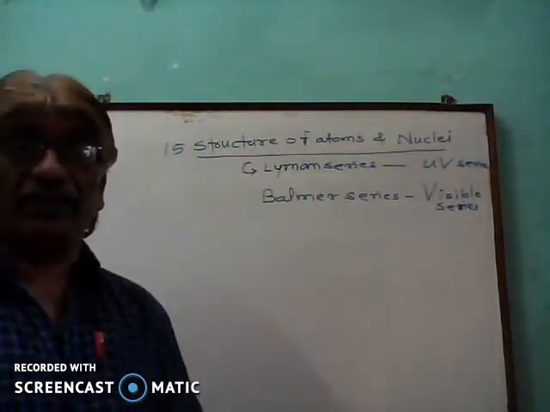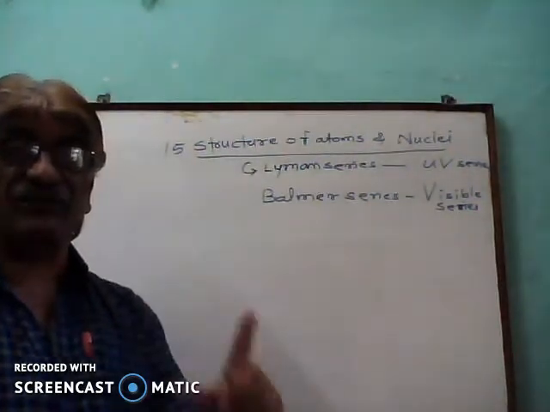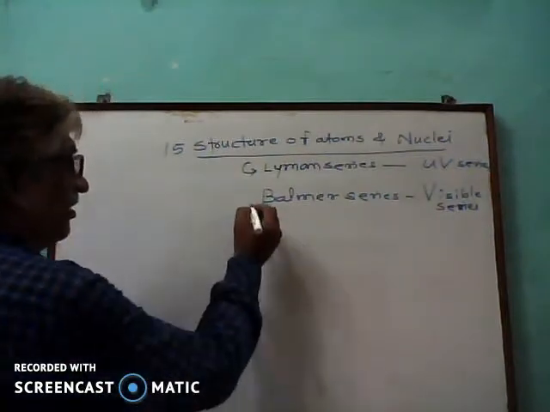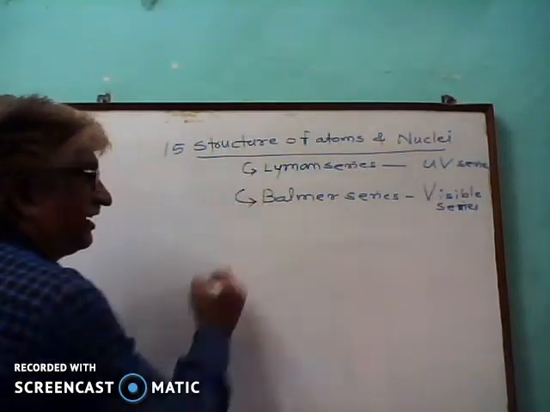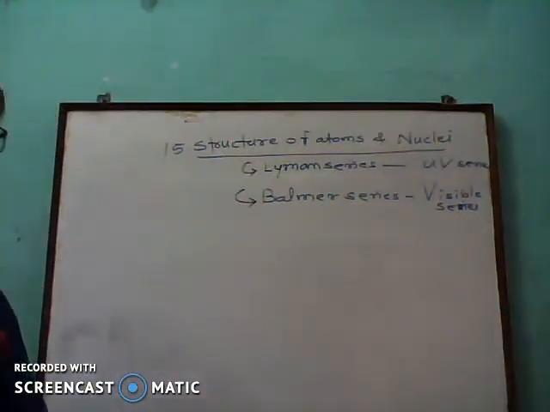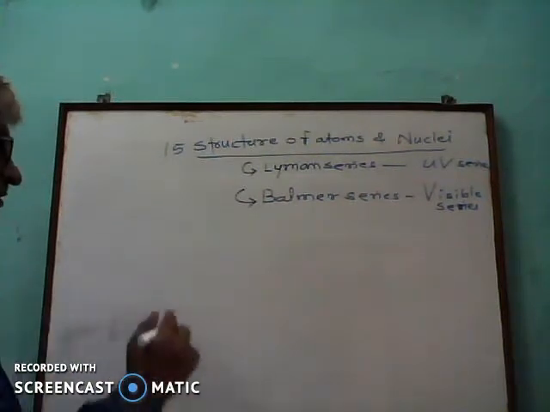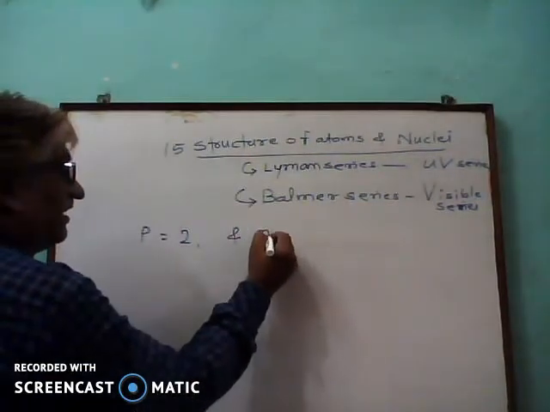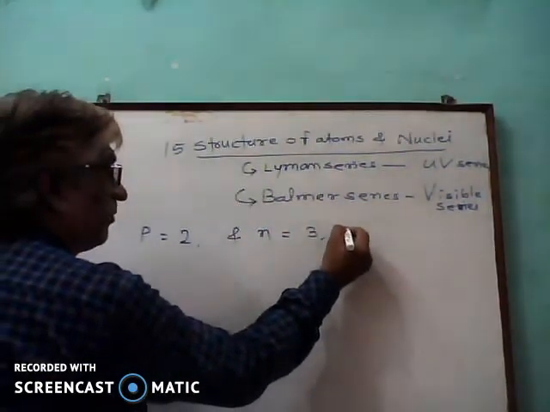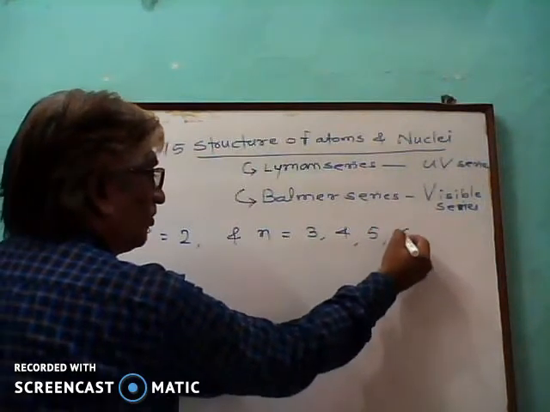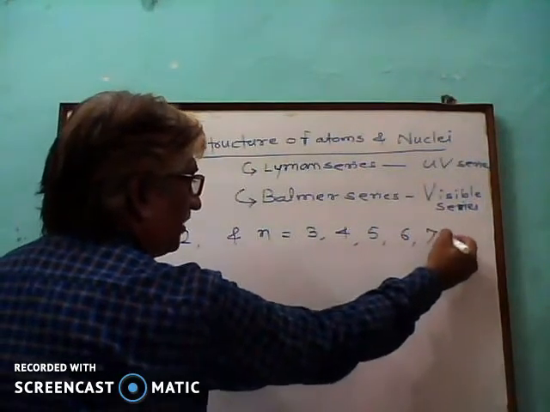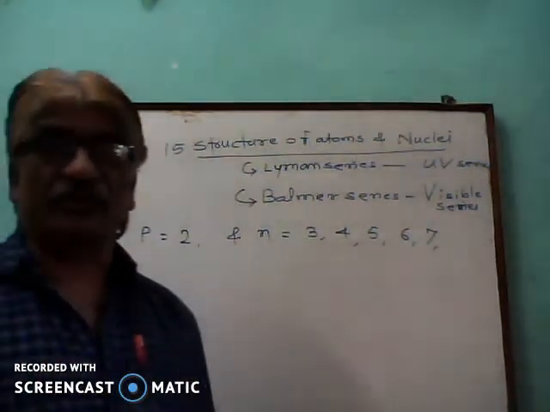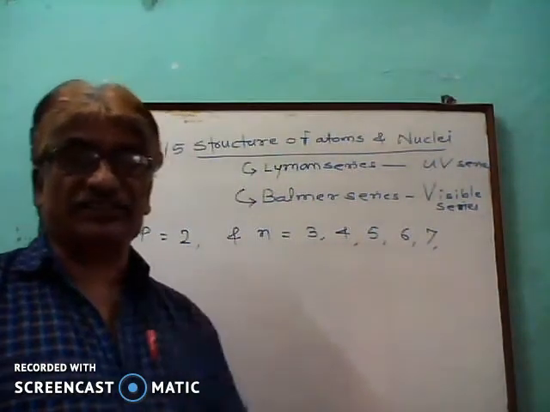But when the electron transitions from different outer orbits to the second inner orbit, the series is said to be the Balmer series. Second inner orbit means P equal to 2 and N is equal to 3, 4, 5, 6, 7 and so on. The series obtained is called the Balmer series.